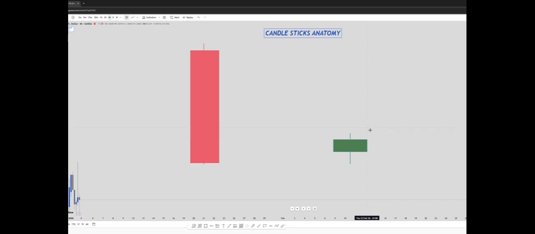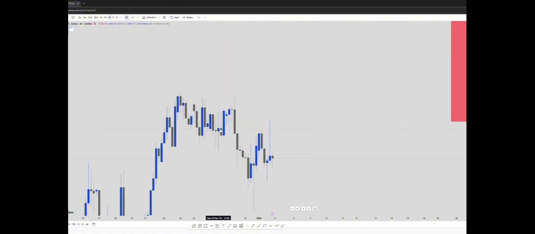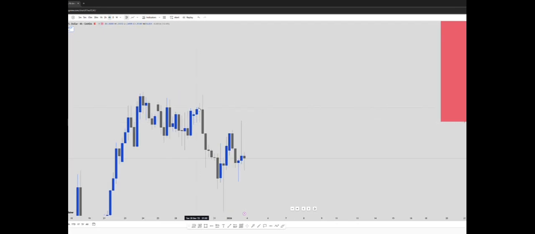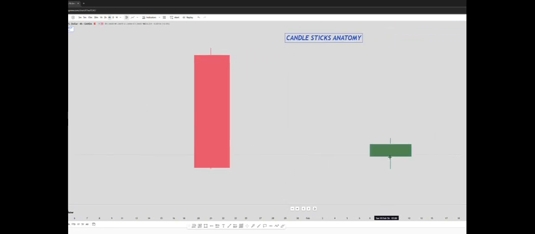The smaller the candlestick's body, the lower the momentum in the market. Just like you can see here, this particular candlestick that has a small body, immediately bullish, and after this bullish move, we had this bearish move. So the smaller the candlestick, the smaller the momentum in the market.